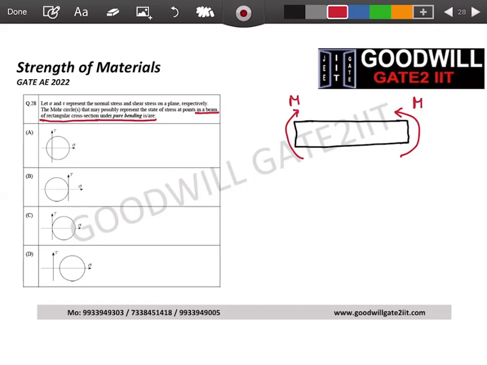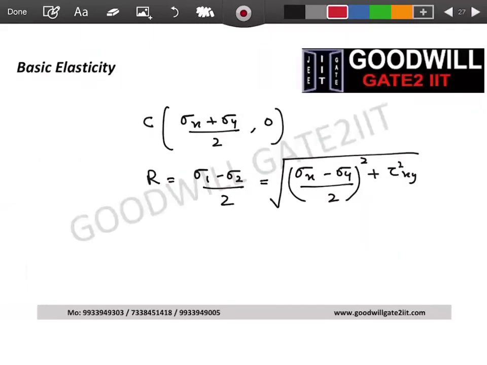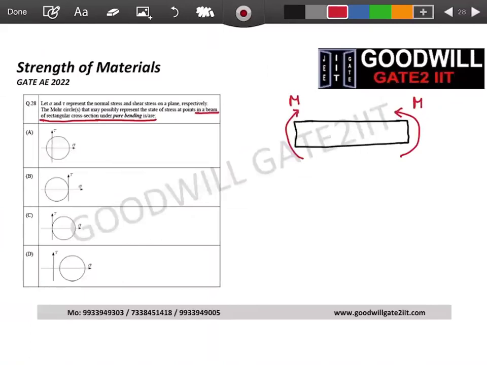Now, before drawing any Mohr circle, if you see the formula, we need sigma x, sigma y, and tau xy. If we know these three things, your answer is clear. Now, in bending, if you don't know bending, it's perfectly fine, just take it as a formula for now. In pure bending, the stresses generated will only be normal stresses.